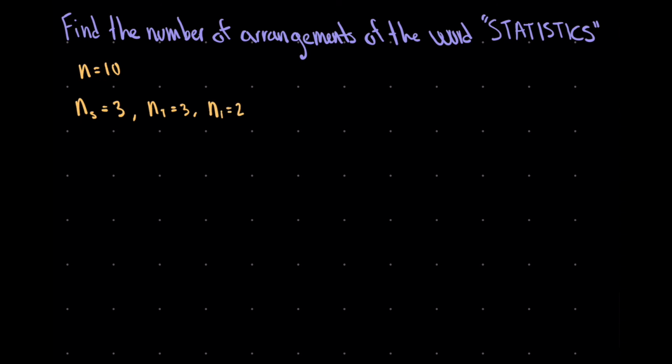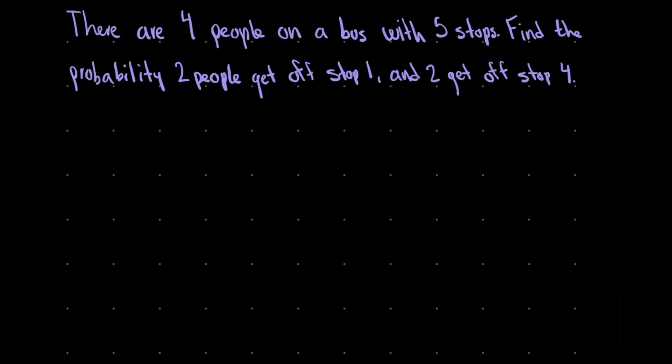And so if we plug this into our equation, we'll get that the number of arrangements is n factorial, or 10 factorial, all over the number of repetitions, which in this case is 3 factorial times 3 factorial times 2 factorial. And some quick mental math will give us the final solution, which is 50,400.